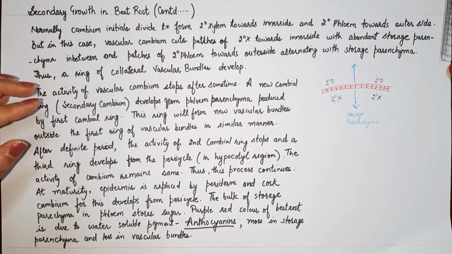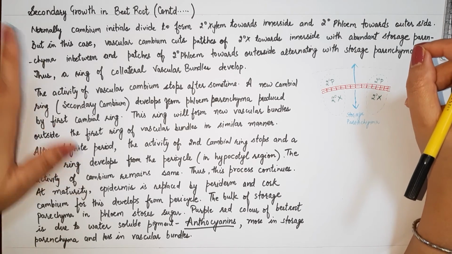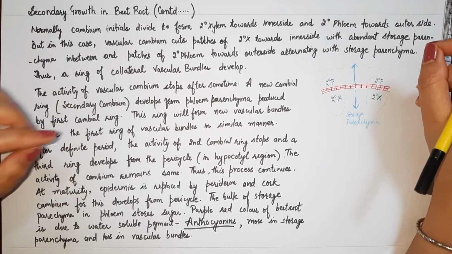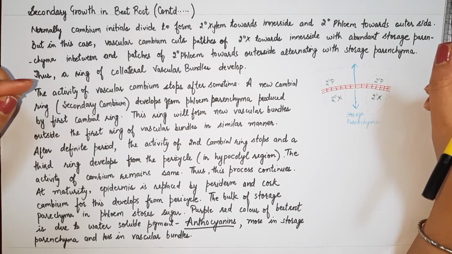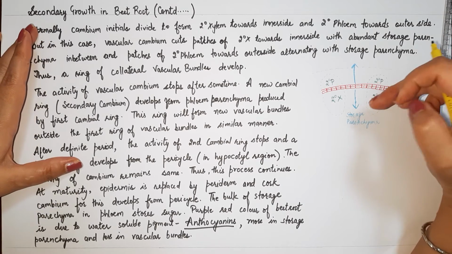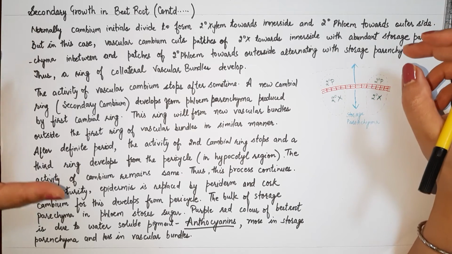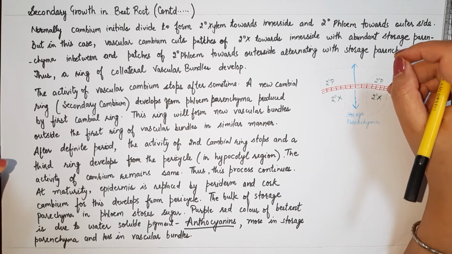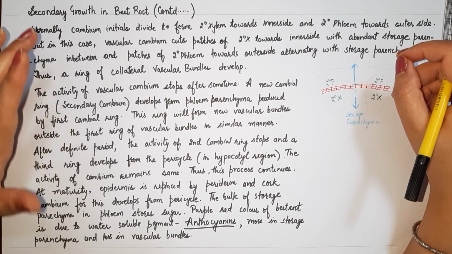Okay. So, basically anthocyanin pigments develop in all the secondary tissues, but in the vascular elements the concentration of this pigment is lesser as compared to the storage parenchyma. That is why all the cells look reddish purple in color.